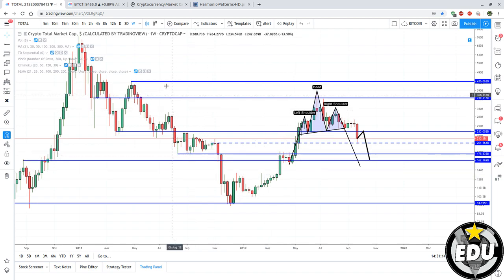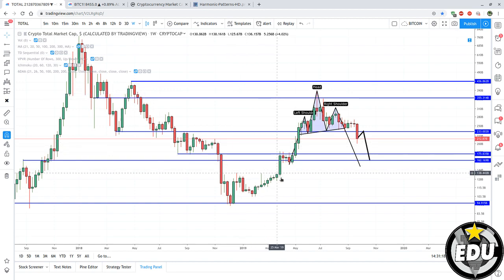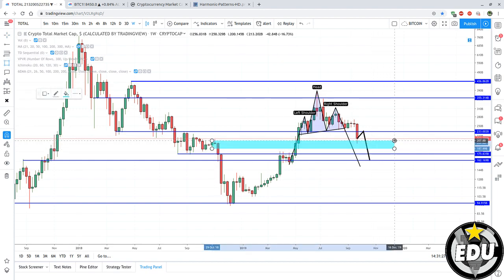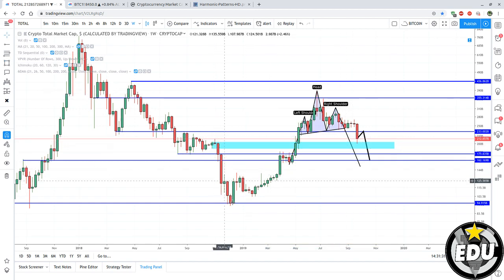If you look at the weekly, it's a massive breaker block. Okay, price dropped, broke the block, and now it's trying to flip.